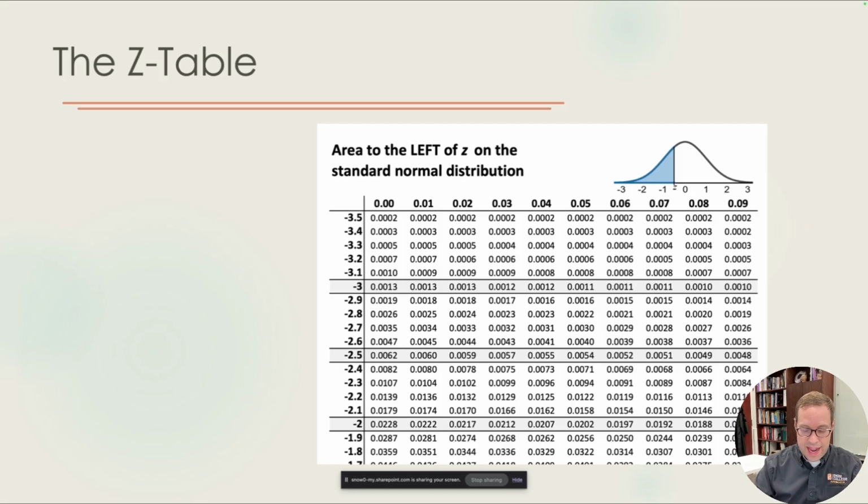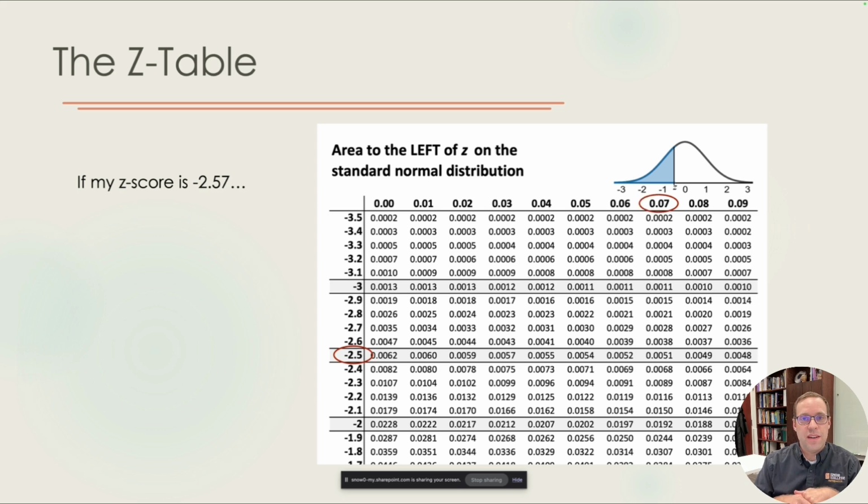Now, let's say that I have a random z-score of negative 2.57. Well, on this table, I look for negative 2.57. On the left, you can see negative 2.5, but where's the 7? The columns of this table indicate the hundredths place. So it's negative 2.57.